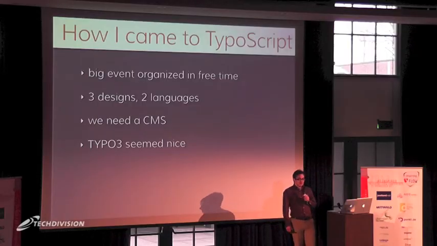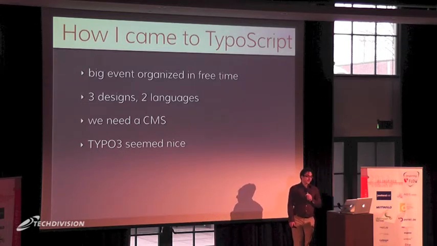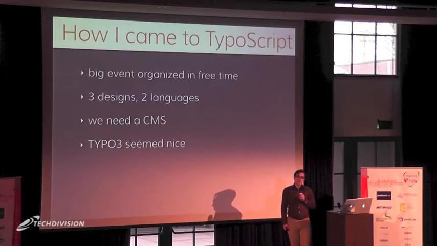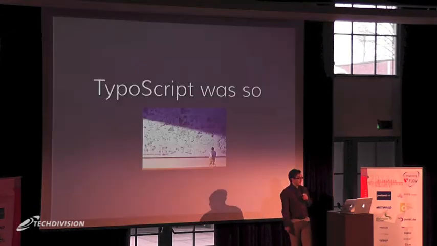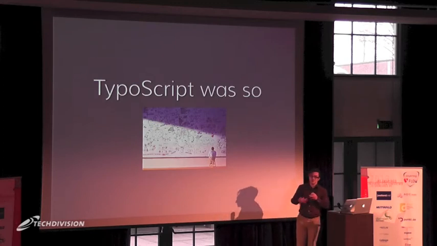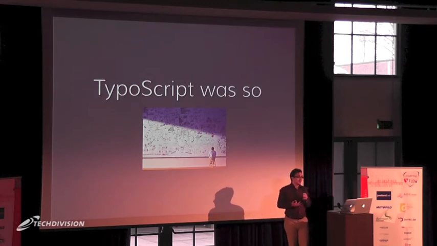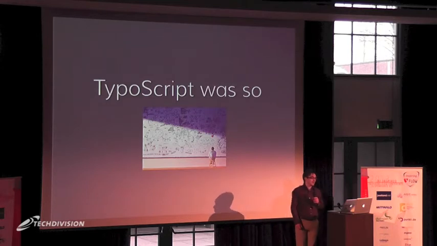So I thought, yeah, we need a CMS for that. And I'd never looked into CMSs at that point, and I checked out different CMSs like Joomla, Drupal, and Typo3. And Typo3 seemed nice somehow. I could already see there's potential in the flexibility of TypoScript and all that. But TypoScript was so confusing, it was huge, it had so much to offer, the reference is just confusing at the first time.